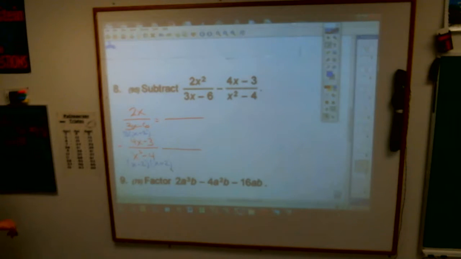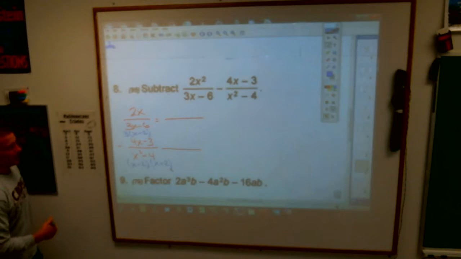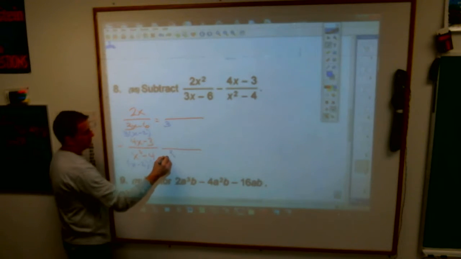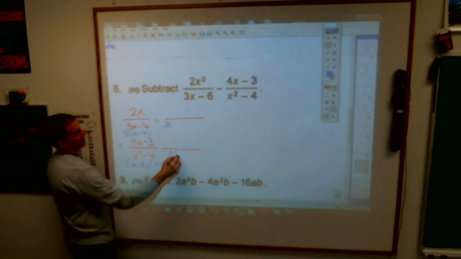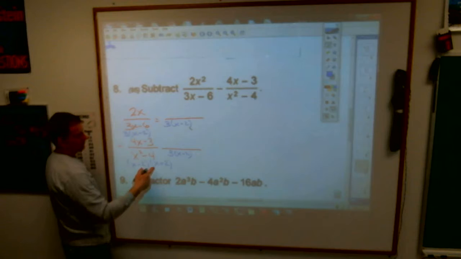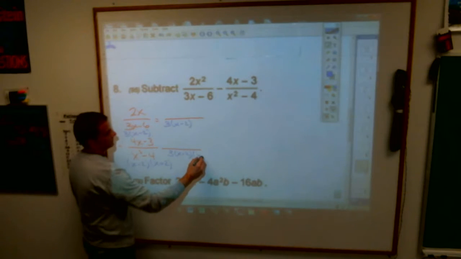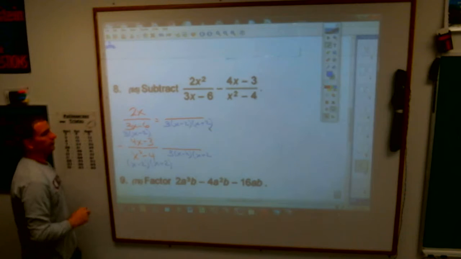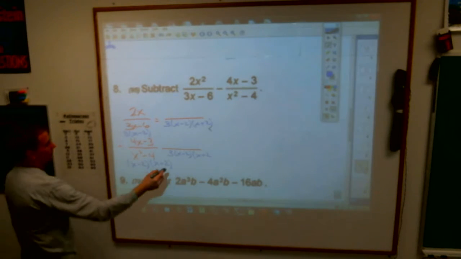So if you take the group that has the most of each type of factor, this one has the most 3's. They both have 1 x minus 2. And this one has 1 x plus 2. This is the least common multiple of the bottom, making your common denominators.